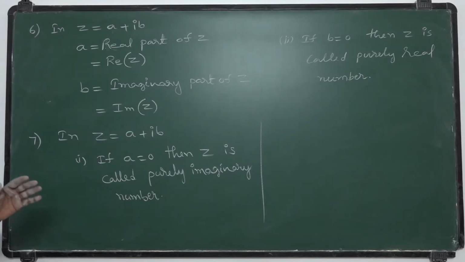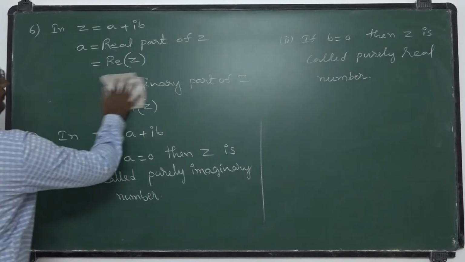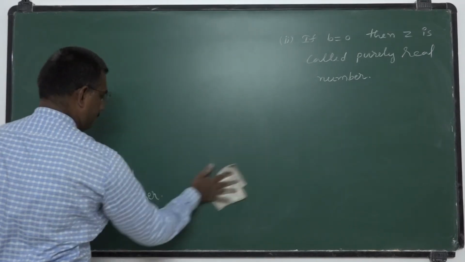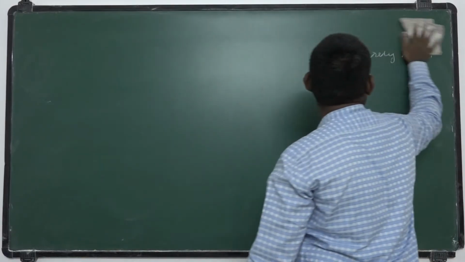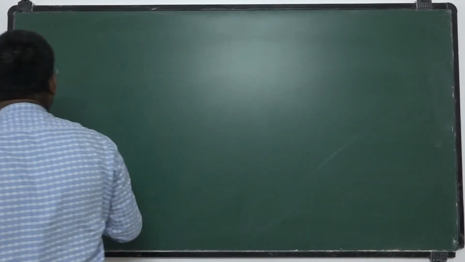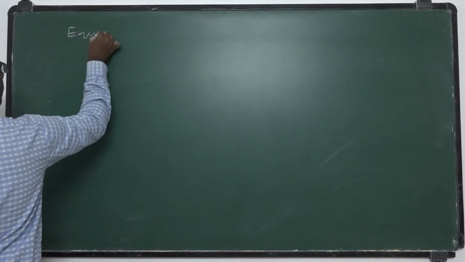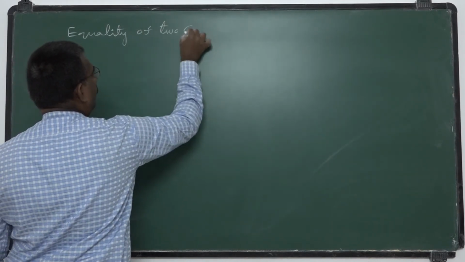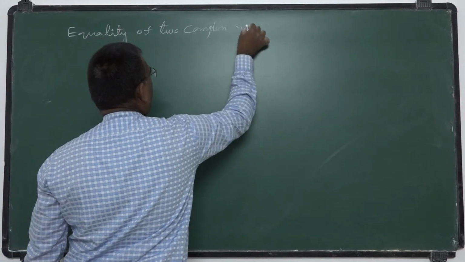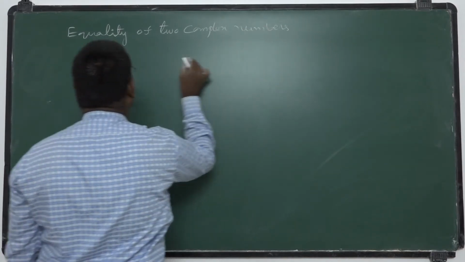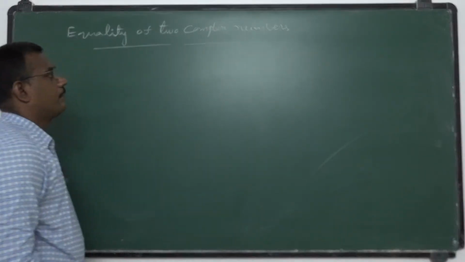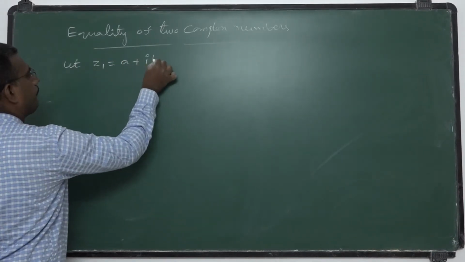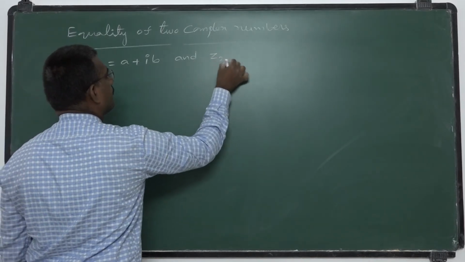Now we discuss equality of two complex numbers. Let z1 equal to a plus ib and z2 equal to c plus id.